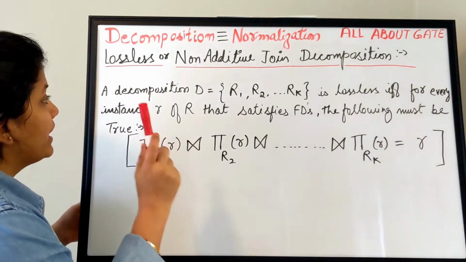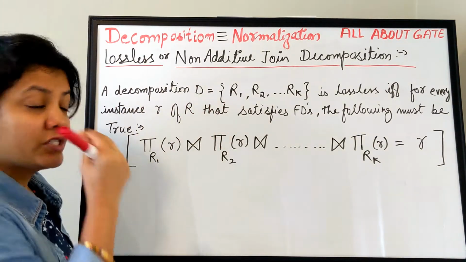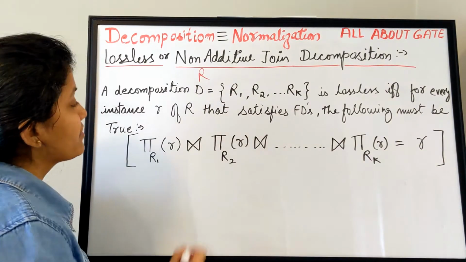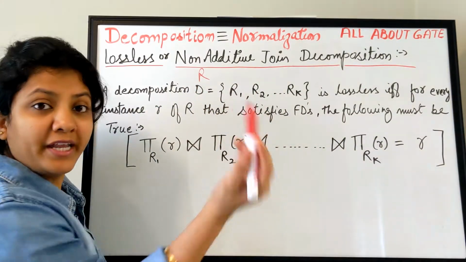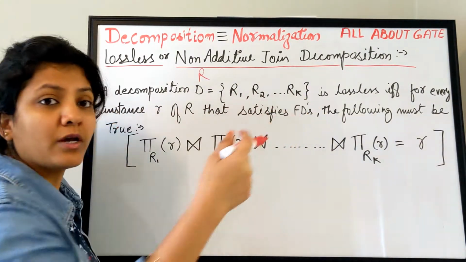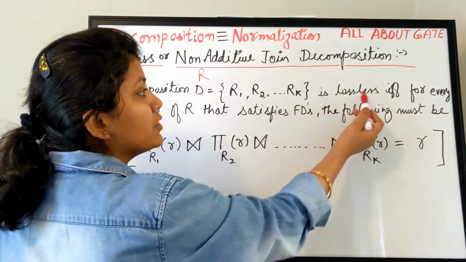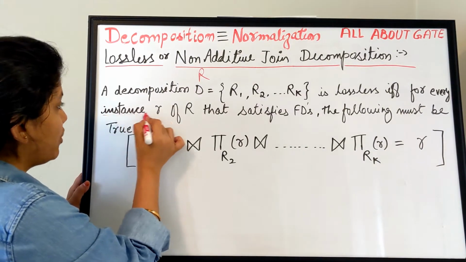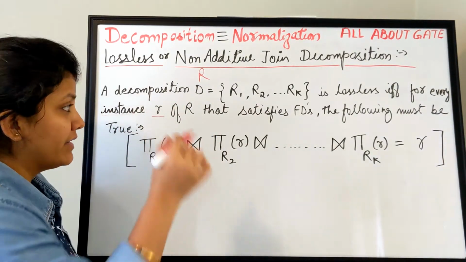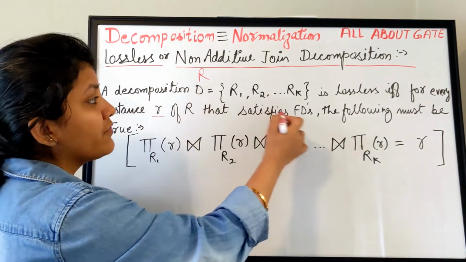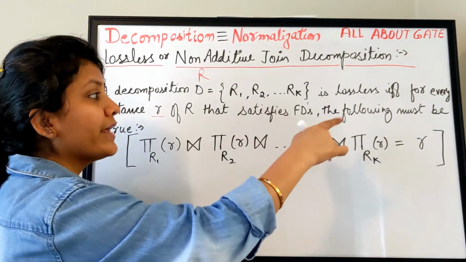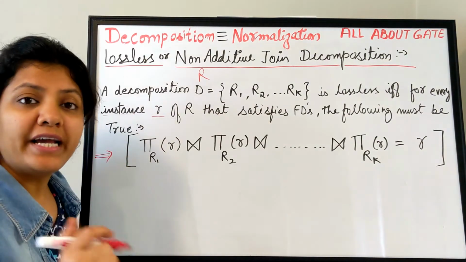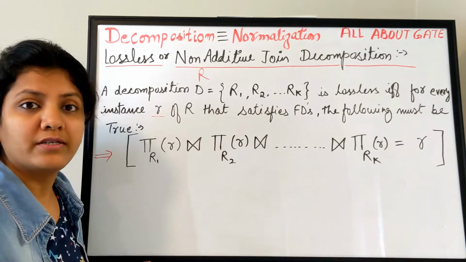A decomposition D of R, which contains multiple tables R1, R2, up to Rk, is lossless if and only if for every instance of R that satisfies the functional dependencies, the following must be true. This one statement defines everything about the lossless join.